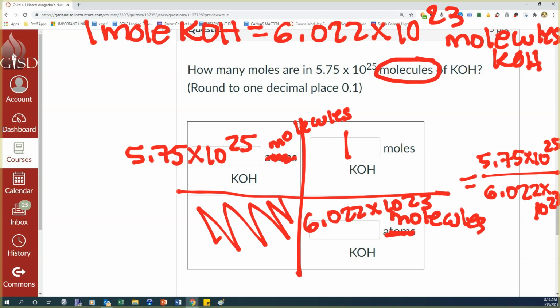It's not fitting. All right. And then we divide it. So I'm just going to use my calculator over here to make my life simple. So 5.75, don't forget, you have to press the E, 25 divided by 6.022, the E, don't forget, 23. And the answer here is 95.5.